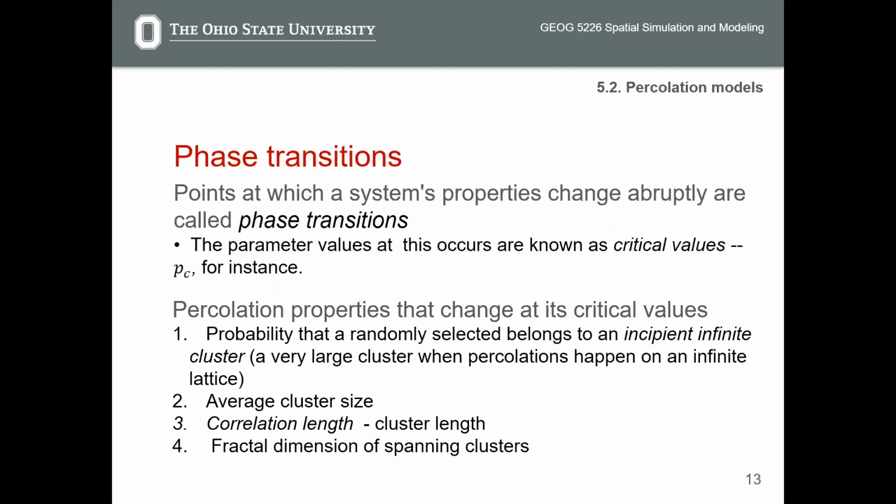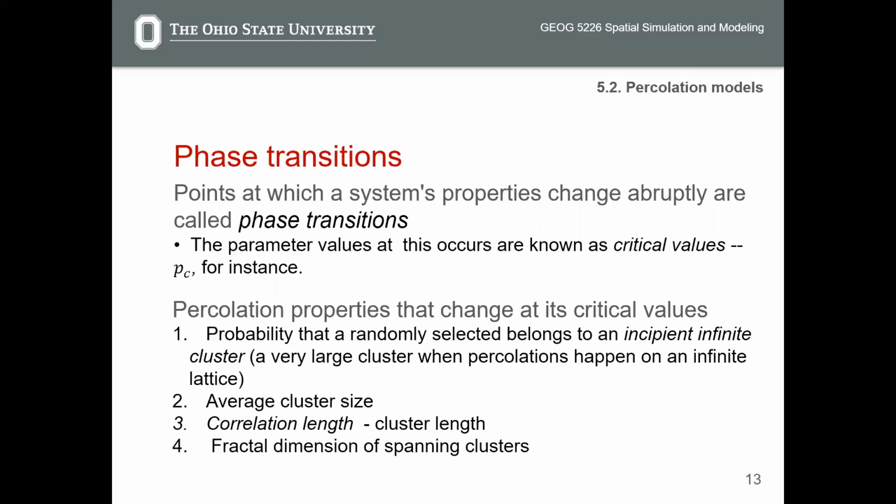So on a limited lattice, which means there is a size, we call it a spanning cluster because they connect at least two sides, right? If there is a lattice that has infinite size, obviously there is no spanning cluster because there is no size.